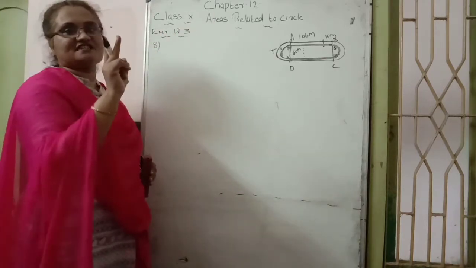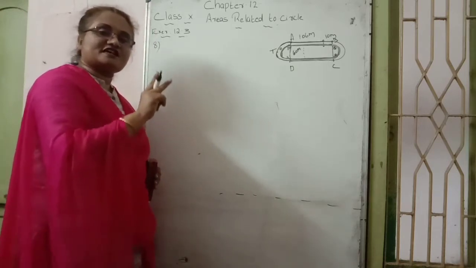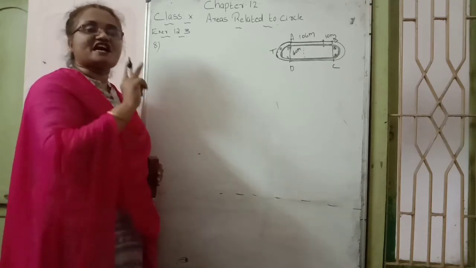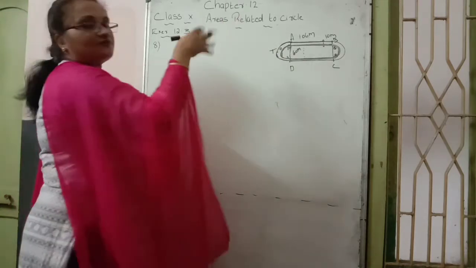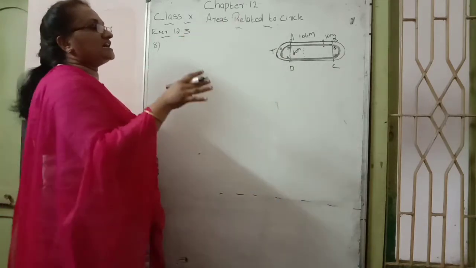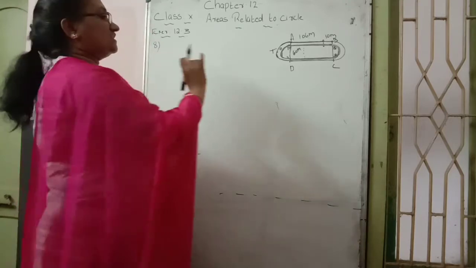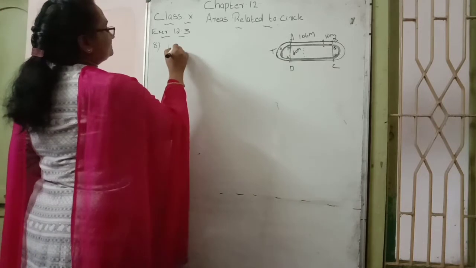They are asking two parts. First, the distance around the inner track. Second, they ask us to find the area of the full track. So first we go through the perimeter. What information is given?